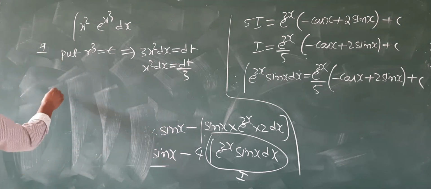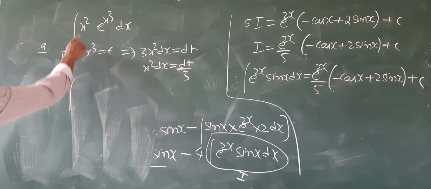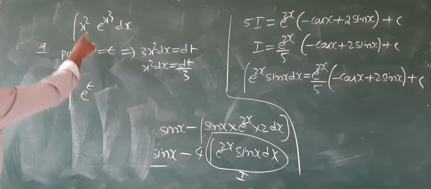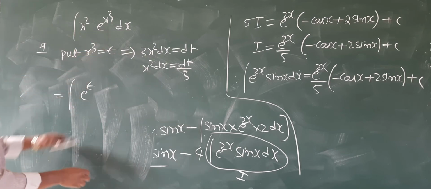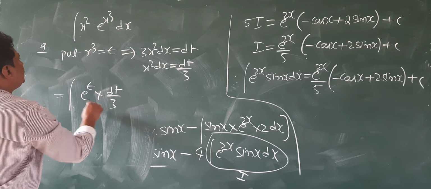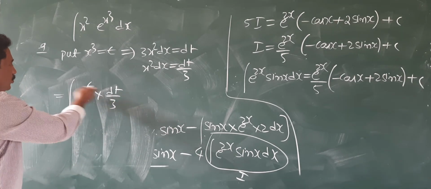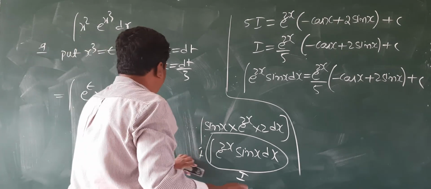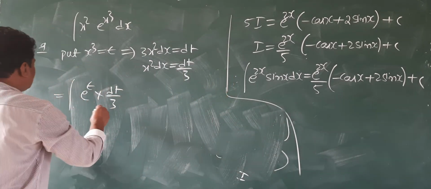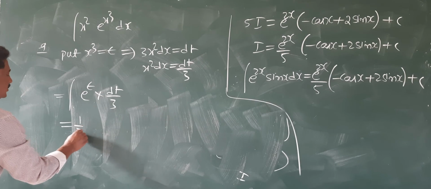So write: I is equal to x cube e power, and how much is x cube? t. x square dx means dt by 3. So put that 1 by 3 outside as a constant.